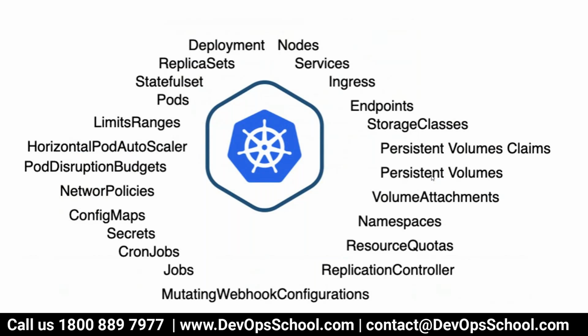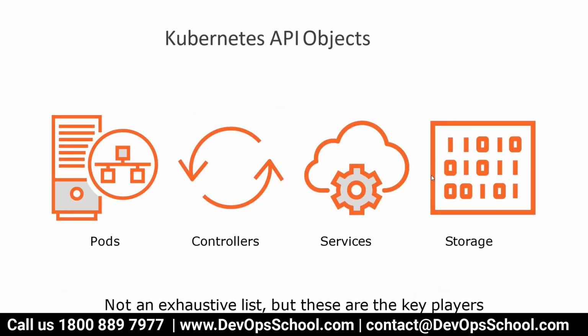Okay, so these are the fundamental and primary resources. If you want to correlate with, let's say, AWS, pod you can say is a compute unit, computing, EC2. Controllers you can correlate with auto scaling group in AWS. Services you can correlate with load balancer. Storage you can correlate with the different kinds of storage we have, right?